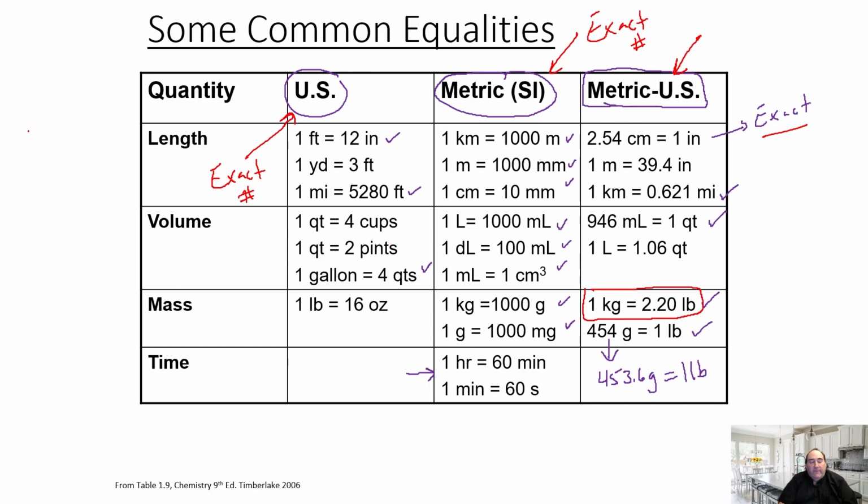we could write two conversion factors, 1 kilogram over 2.20 pounds, or 2.20 pounds is 1 kilogram.